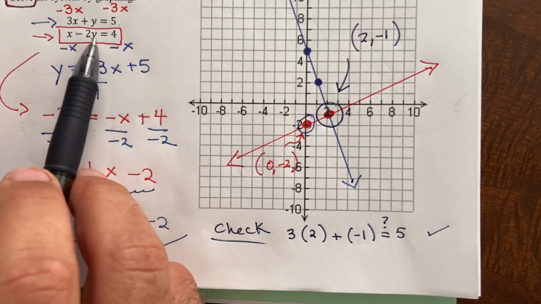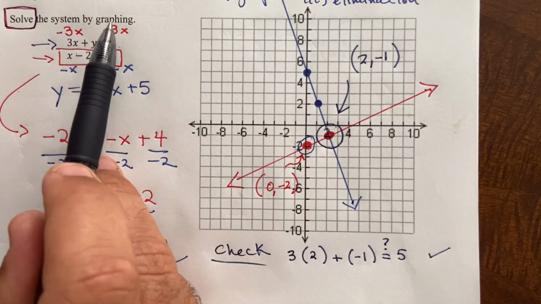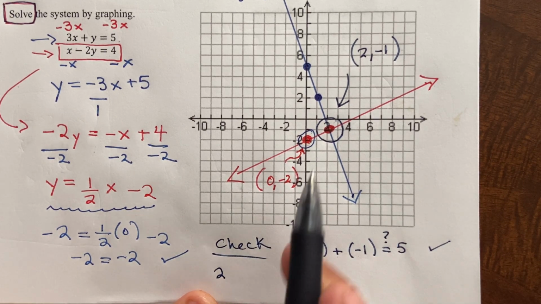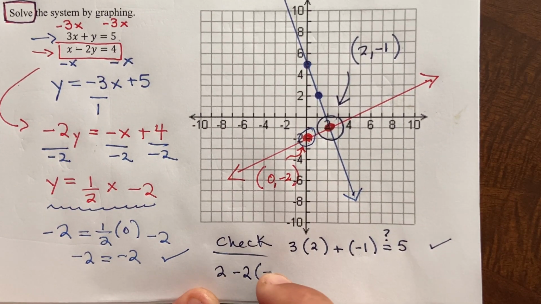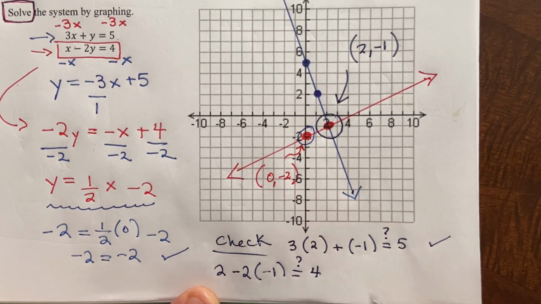But we need it to be true in both to be a solution to the system. So I'll go ahead and check it in the other one now. Is it true that 2, plugging in this point to the other one, minus 2 times -1 is equal to 4?